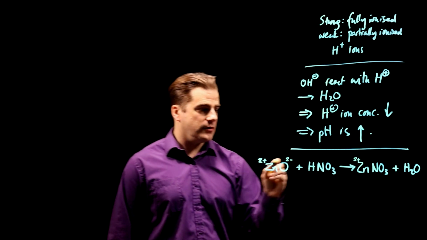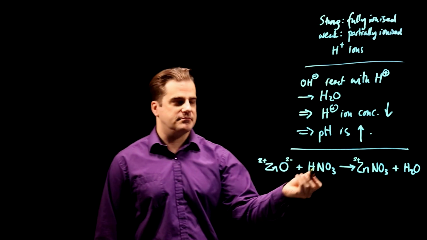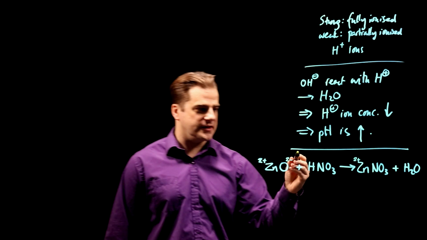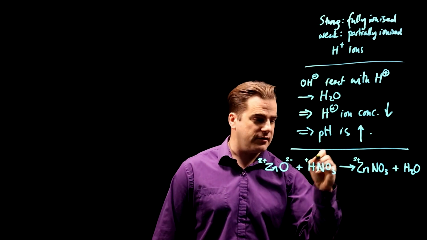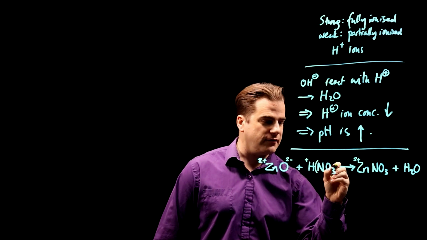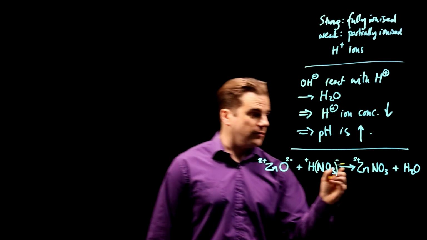You know that H, there's only one of them, well, I mean, sort of irrelevant. H is just 1 plus, okay? Therefore, the NO3, the whole thing if you like, must be 1 minus. So look at this.